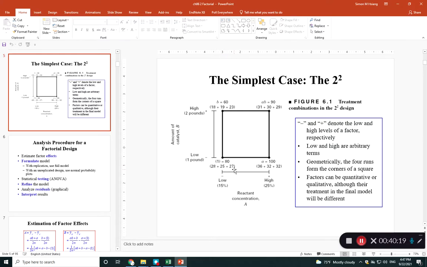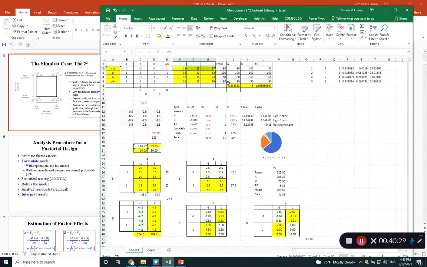The three observations I have at low, low, low sum to 80. And then I sum up the A B, which is 90. That means when I sum up the three at high, high, high, it is 90. And of course, somewhere in between are A and B.